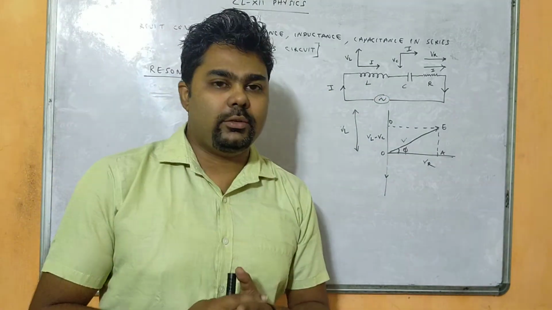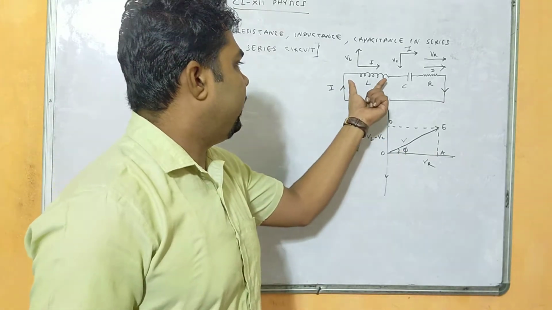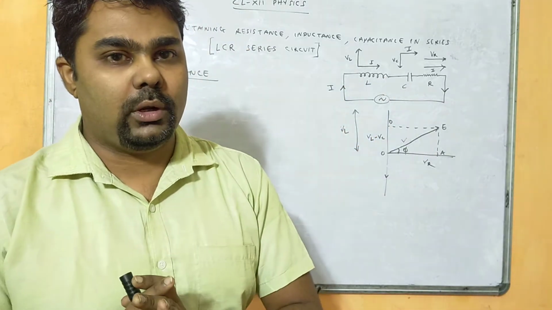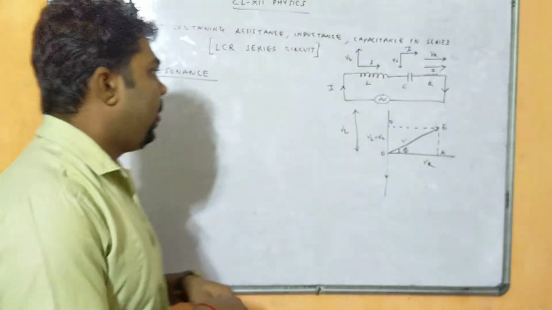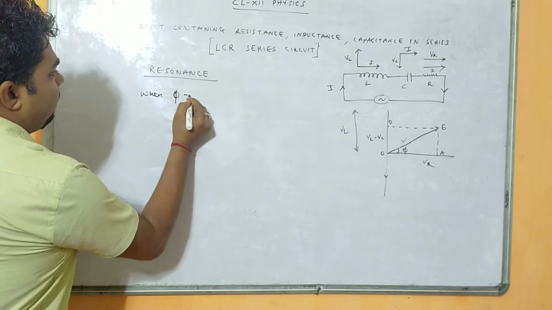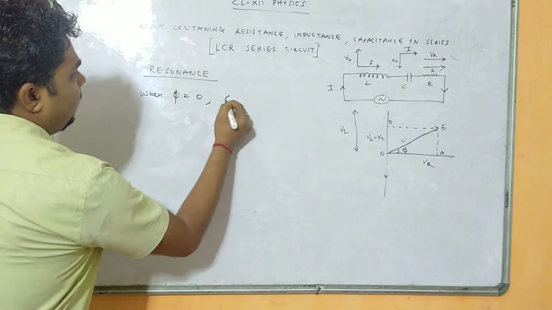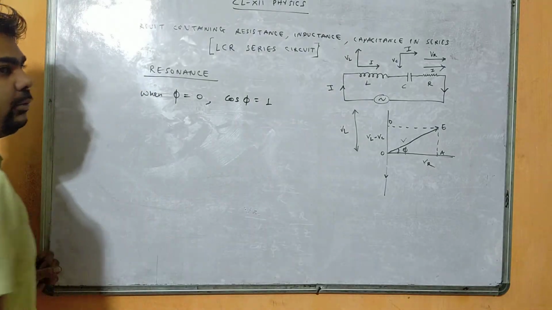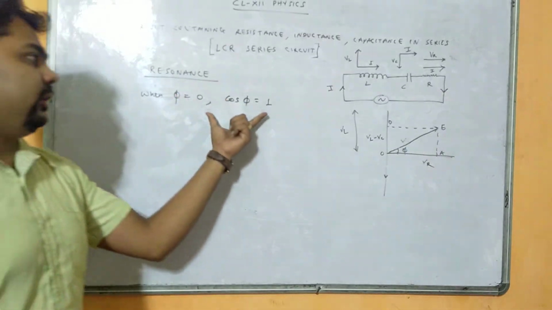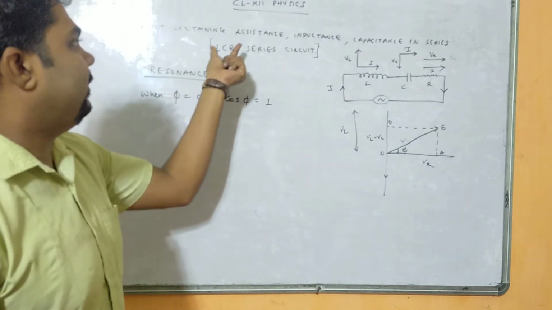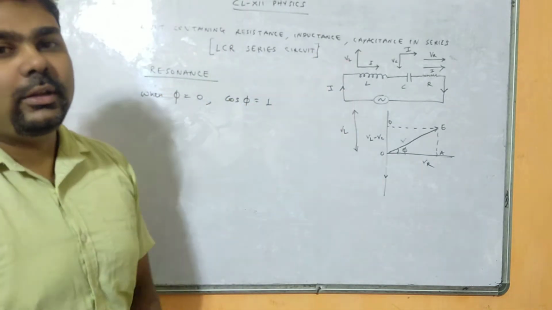And in resonant condition, the inductive reactance and capacitive reactance both become equal, right? As I have told, when phi becomes 0, then cos phi will be 1, that means the power factor will be 1. So this is the condition for which resonance takes place in a series LCR circuit.